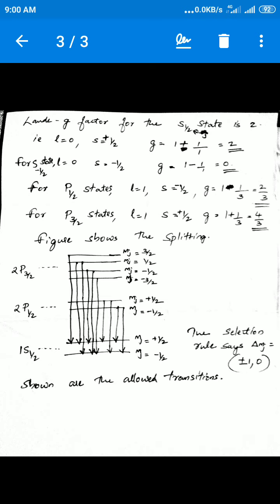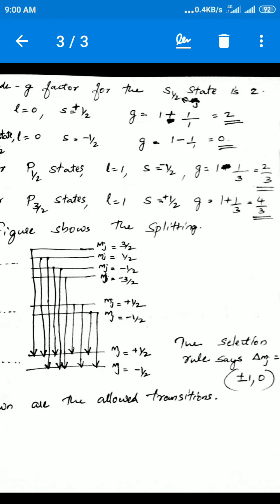J is L plus S. If S is minus half only, then it becomes half there, isn't it? 1 minus half is half. So P half state means P subscript half, the subscript is J. So J is L plus S. L is 1 there, S should be minus half. Then only J becomes half.